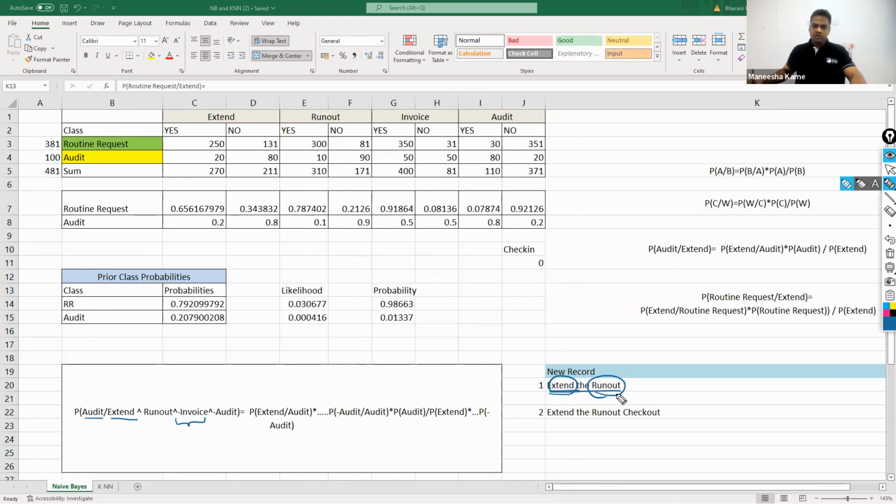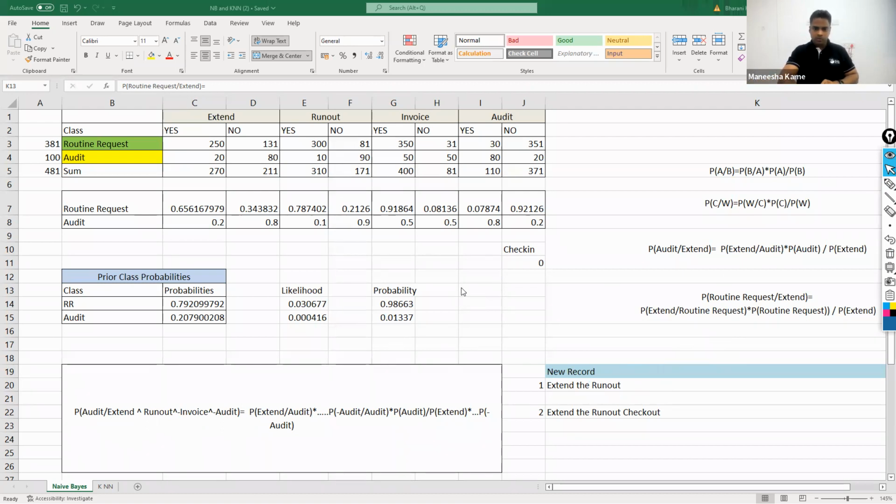Because invoice is not there in this, but in your training data you have invoice. Then in the training data you have audit, but do you have audit here? You don't have. So, you don't have audit. The minus sign there is saying that not. What is the probability that this request belongs to audit, given that it has the word extend, it has the word run out, it does not have the word invoice, and does not have the word audit? Everything has to be considered.